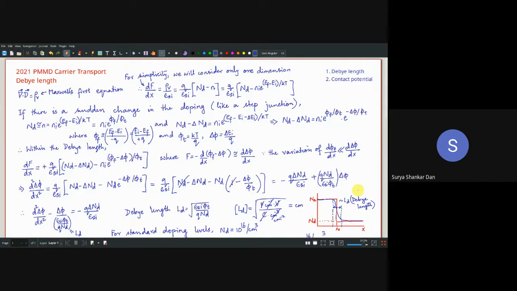So what Debye started with was, suppose there is a gaseous system. Okay, there are a lot of plus charges here, suddenly we say that okay, beyond this particular x0 it has to be minus.